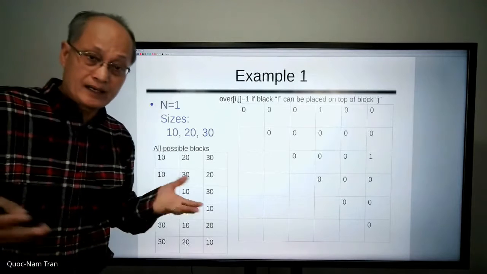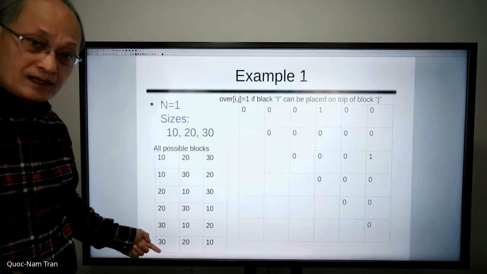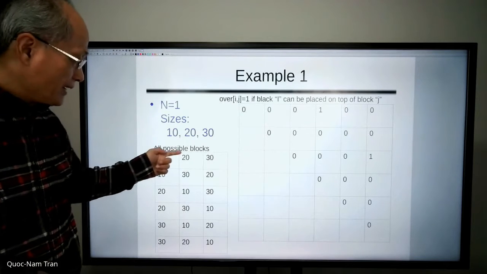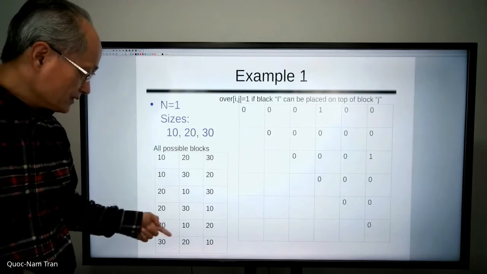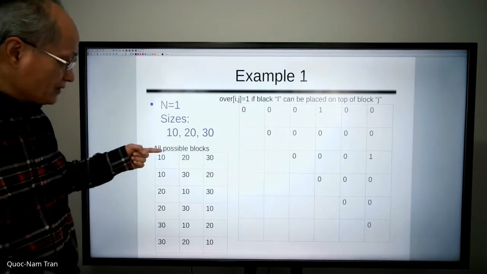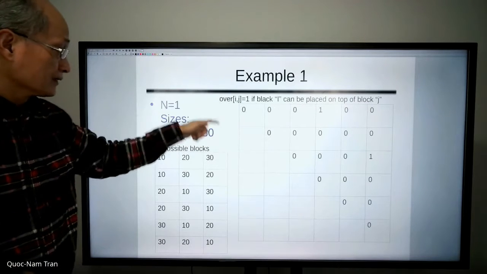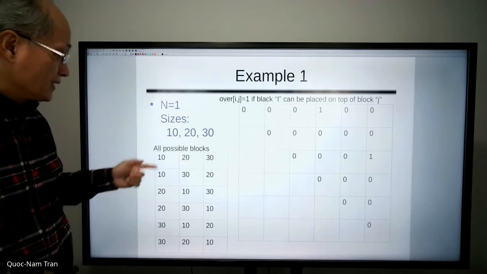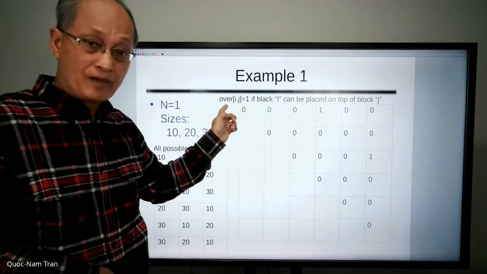And last time we also sorted the list with respect to the base, meaning X and Y, right? So we sort this list, and luckily it's already sorted for this input example, example 1. After we have this, we build up the table over.